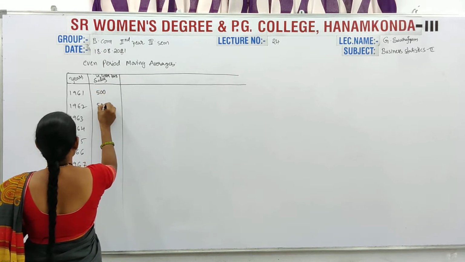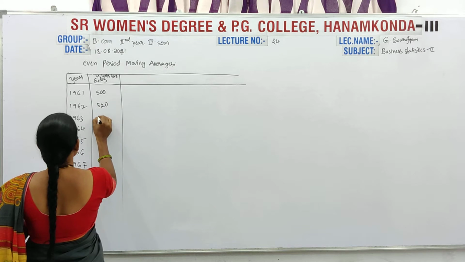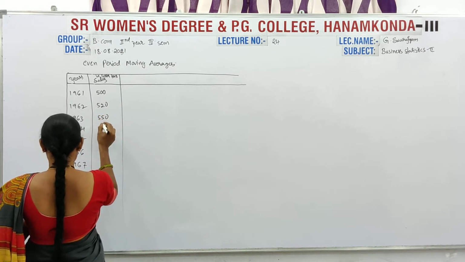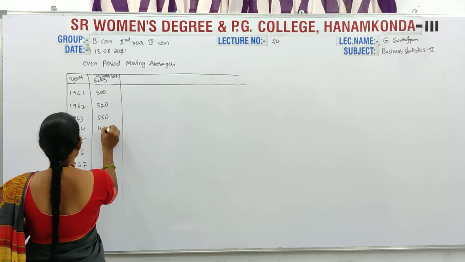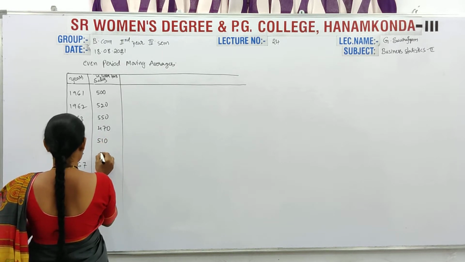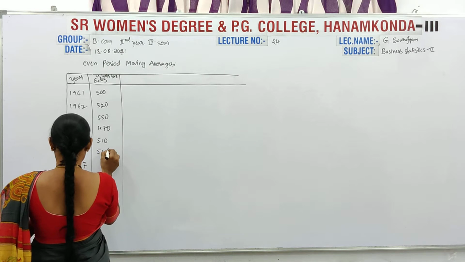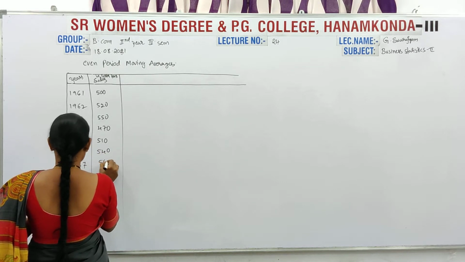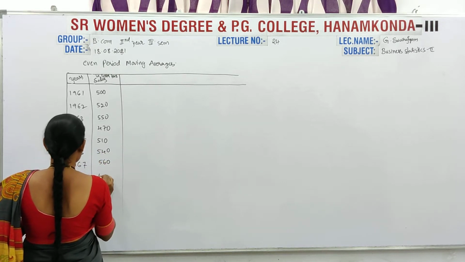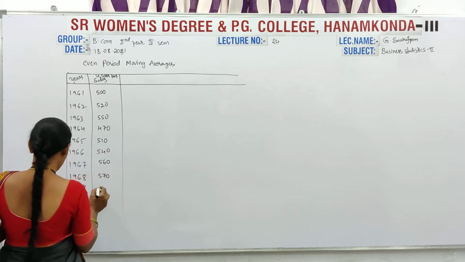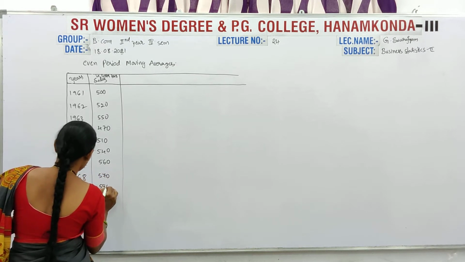Next, the sales: 500, 520, 550, 470, 510, 540, 560, 570, 590, 610.